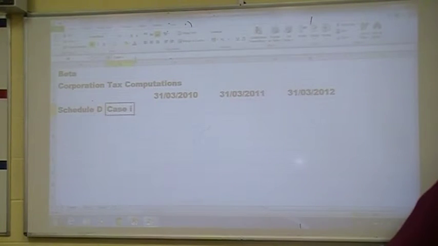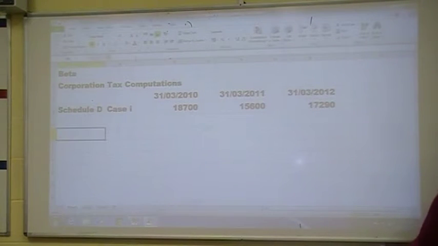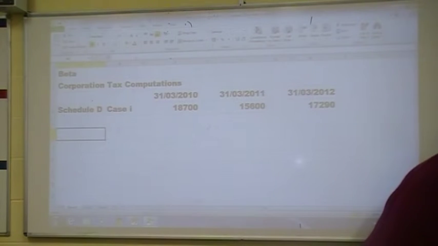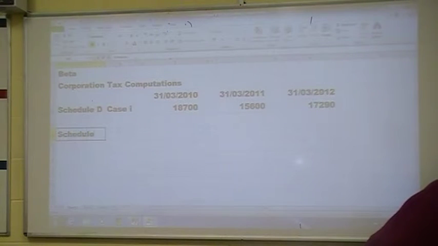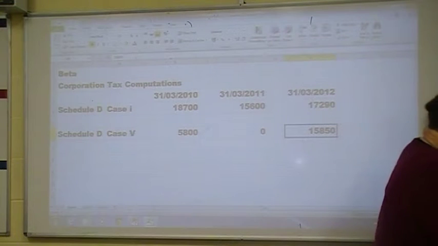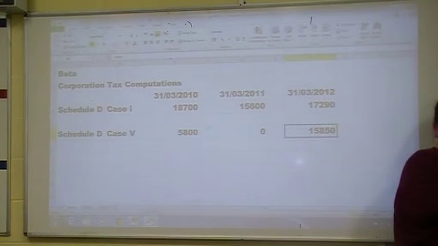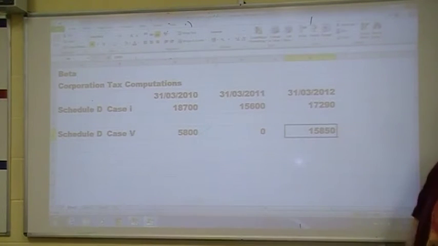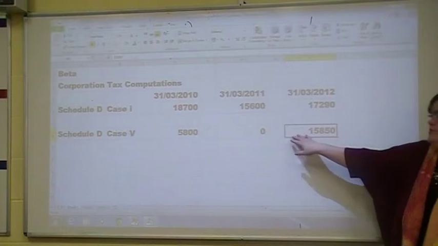For 10 it is 18,700, then 15,600, and 17,290. Just don't bring the case 5 out, just bring the case 1 at the moment. I just put it out there so I remember what to do.